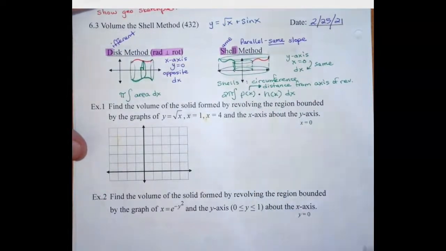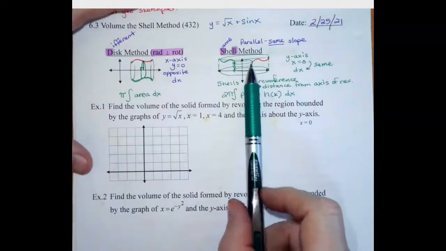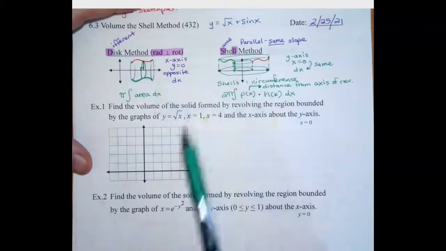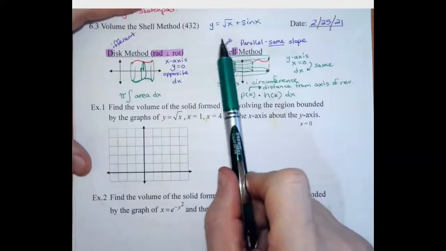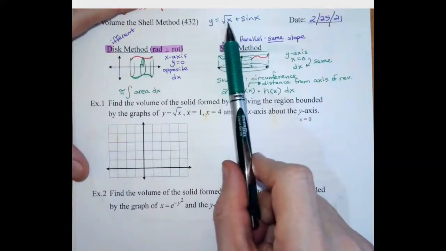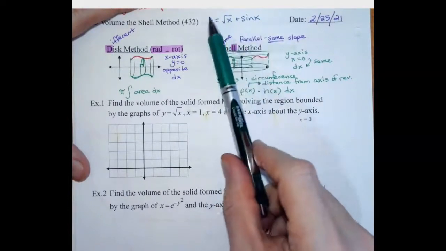Okay. Now, the shell method sometimes is easier, sometimes is harder. So you might say, well, obviously if it's easier in some situations, then we would use that. But actually, for example, take this and imagine that we had to solve for x. Well, I don't know how to do that. You probably don't know how to do that.